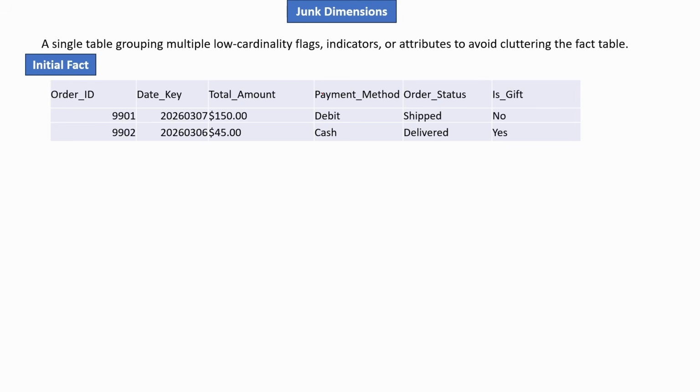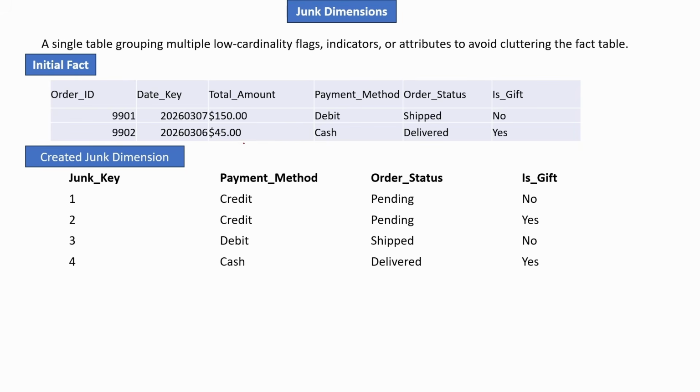If I talk about the example, this is the initial fact. In this fact, I have a couple of columns like order ID, date key, total amount, payment method, status, and gift. So I created a junk dimension on top of this fact, and I moved these three columns into this junk dimension, and gave the surrogate key, junk key, to those columns.